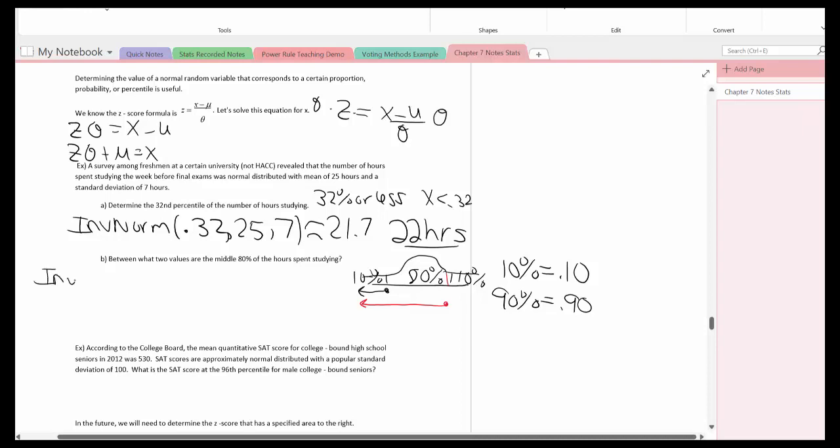We'll do the lower part first: 0.10, comma, the mean, which is 25, comma, 7. And then the other one for the upper is inverse norm of 0.90, comma, the mean, comma, the standard deviation. We'll put both of these into the calculator now.